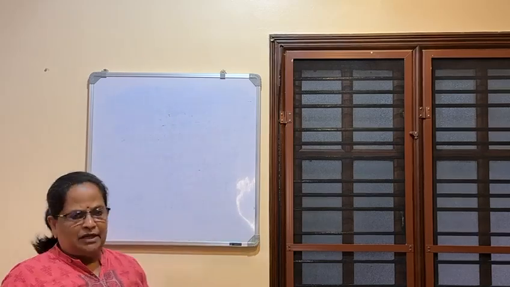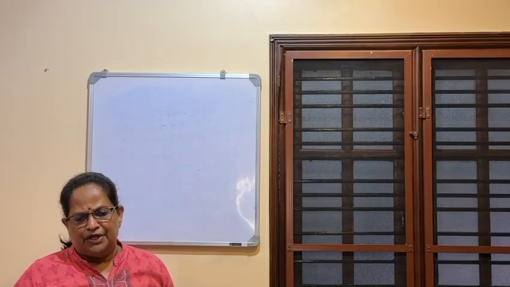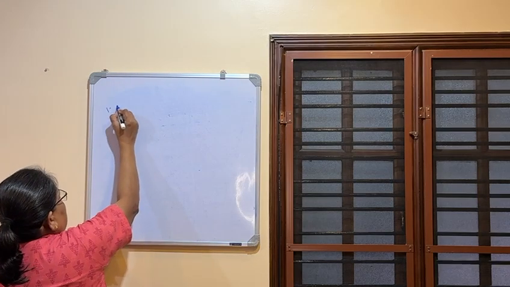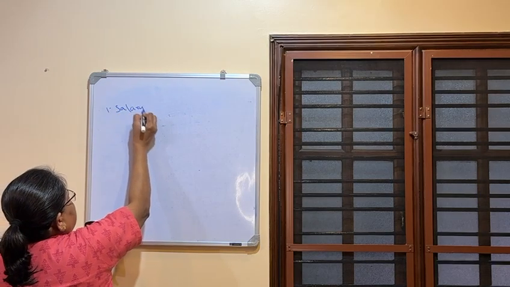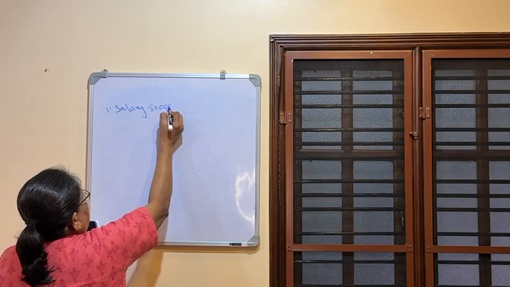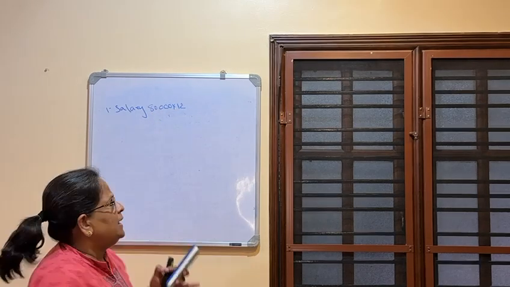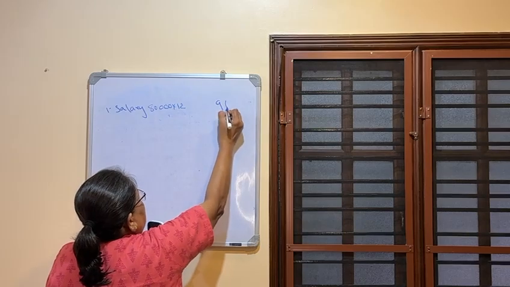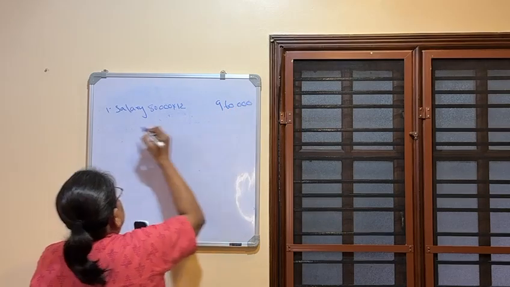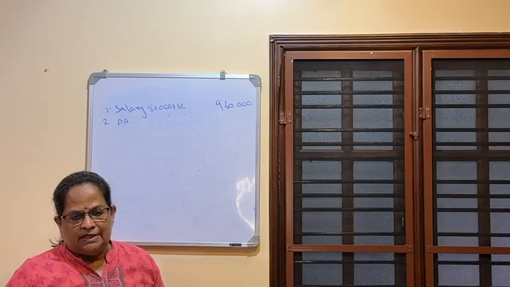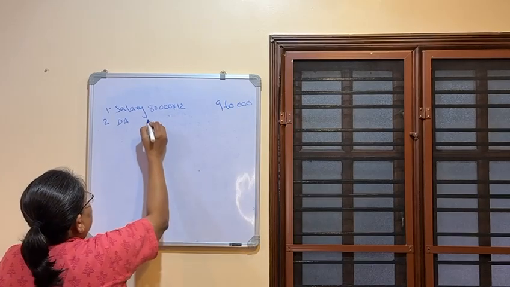Once you complete the RFA computation, the salary computation is very simple. We have to consider all values. Salary 80,000 into 12. The value is 9,60,000. Now DA, here you have to take that. DA value is 16,000 into 12.